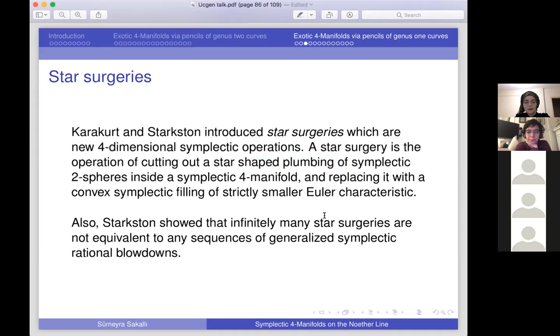And later Starkston also showed that infinitely many star surgeries are not equivalent to any sequences of generalized symplectic rational blowdowns. Some types of star surgeries can be written as a sequence of blowdowns, but infinitely many of them cannot be written, so they are in fact different operations.